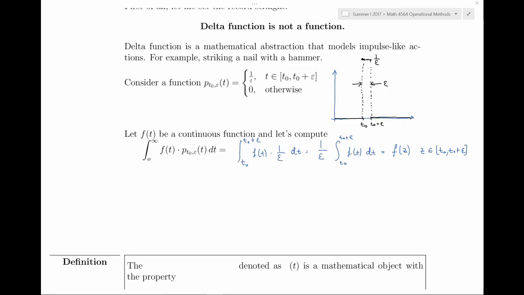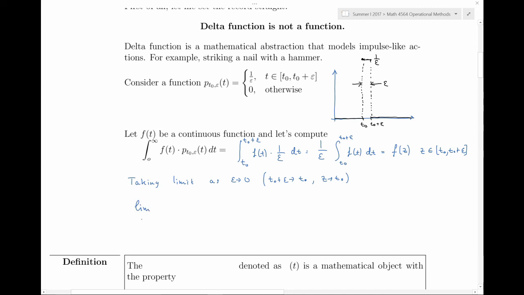Making epsilon smaller will make z go towards t naught. So if we take the limit and let epsilon converge to 0, t naught plus epsilon will converge to t naught. And since z is stuck between them, z will converge to t naught as well.